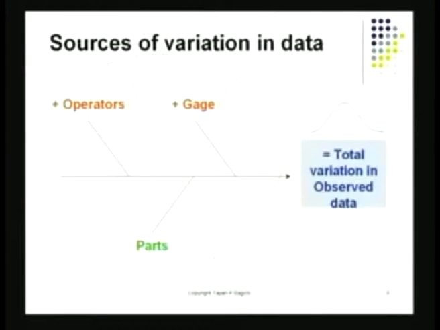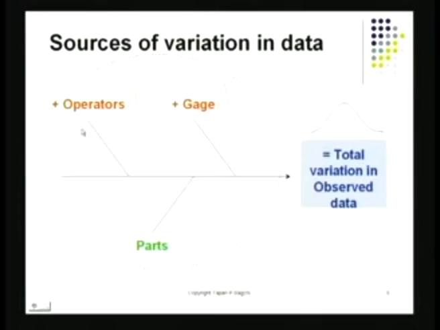If we keep moving here and look at this total picture, the overall variation is over here, and it is caused partly by the true variation in the part, and you see the little green bell curve there that shows the variation in the part itself. This is the true variation in the process. But the gauge itself will introduce some additional variation, which is the gauge variation, what we call repeatability.